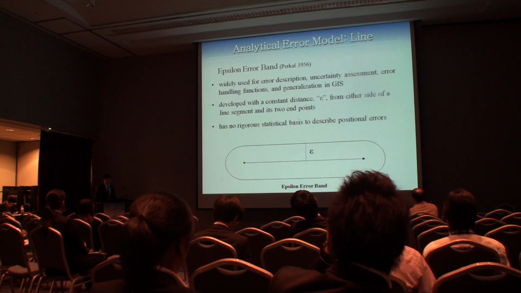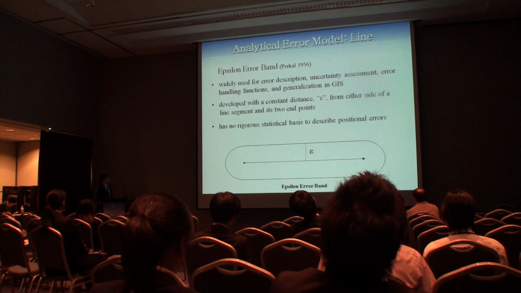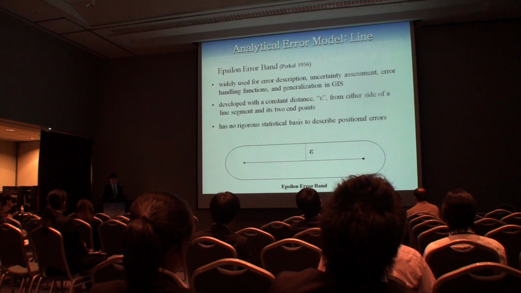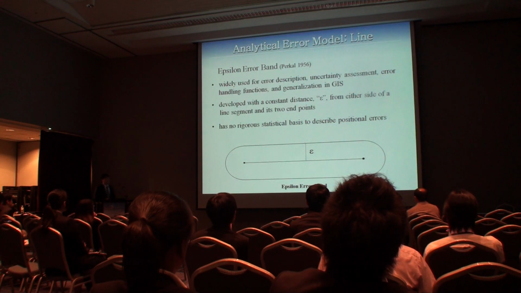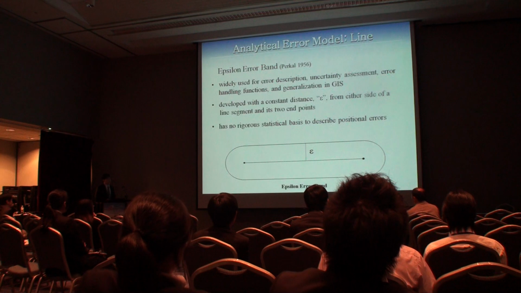This is widely used for error description, uncertainty assessment, error handling functions, and generalization in geographic information systems. This model is developed with a constant distance from either side of the line segment. However, this model doesn't have a rigorous statistical basis to describe the positional errors.